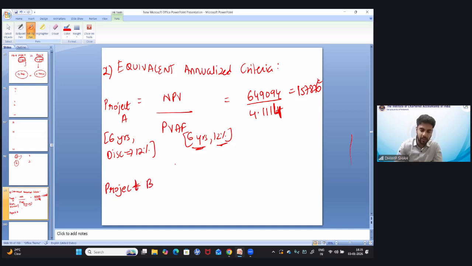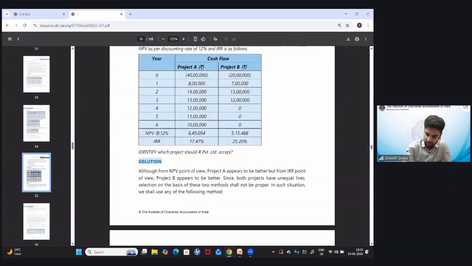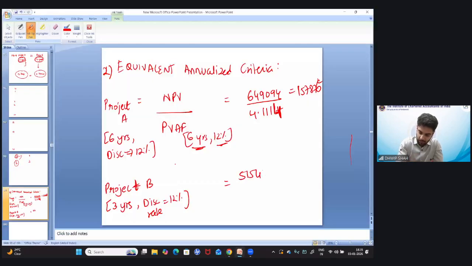Follow the same process for project B. The life of project B is 3 years, and now we are not using the replacement chain method, so don't take project B one more time. This is another method, with a different technique and derivation. The discounting rate is 12%. So can I say the NPV of project B, how much was it in the question? It was 515488.